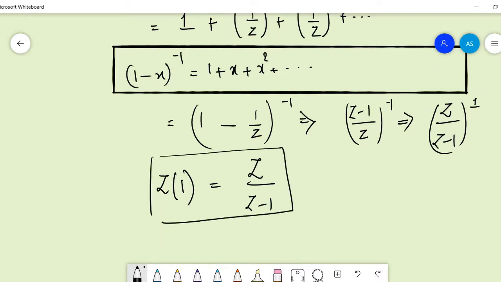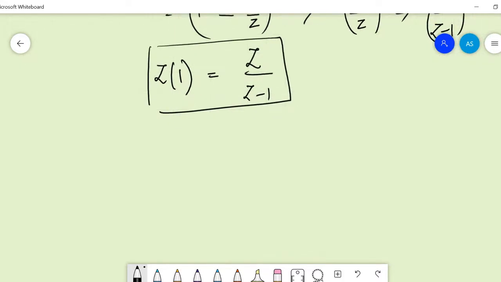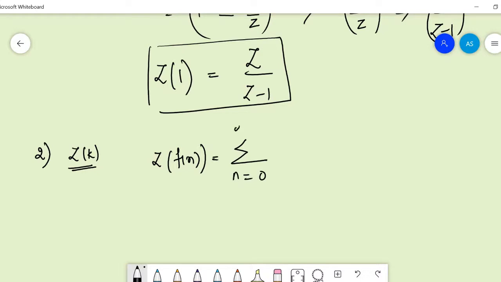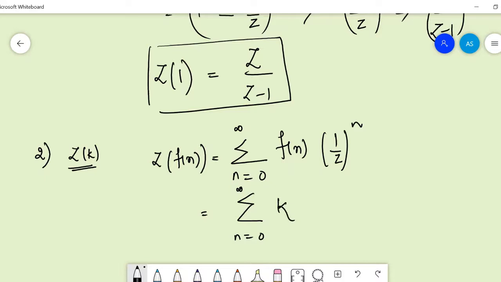In the same way, we can find the Z transform of k. Same method. So Z transform of f of n is summation of n ranges from 0 to infinity f of n, 1 by z power n. Here f of n is k, so summation n equals 0 to infinity k times 1 by z whole power n.